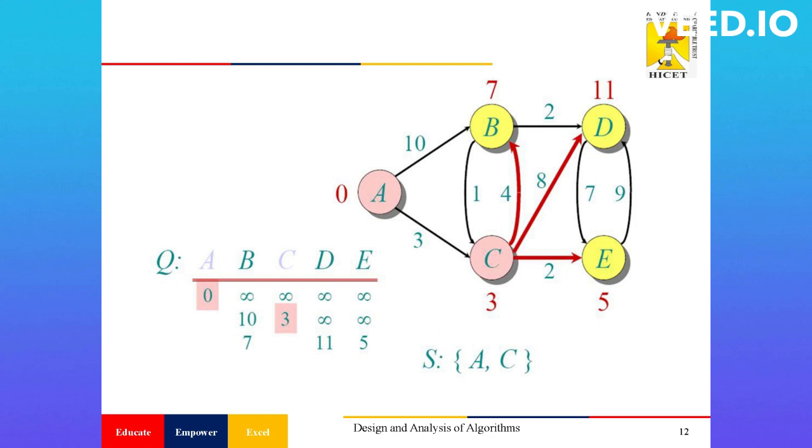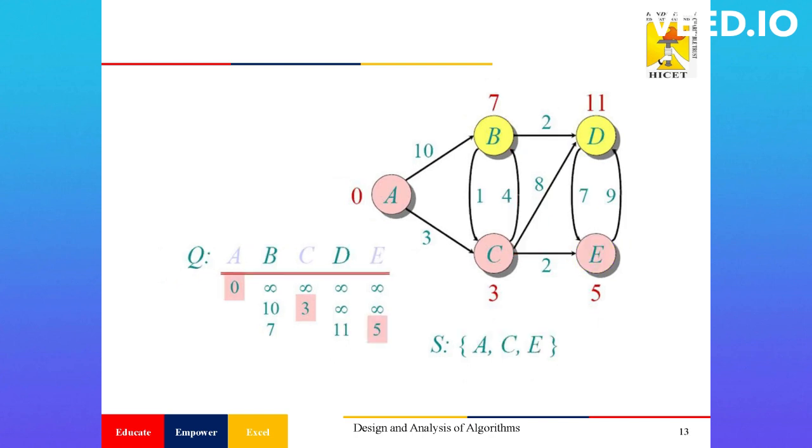So 5 is the lowest value. So E is considered the next known vertex. From E, the distance is to be calculated to B and D. If it is lower than the existing value of B and D, a replacement of the value will be carried out. Otherwise, the existing value will be kept as the lowest value to visit from the origin node.